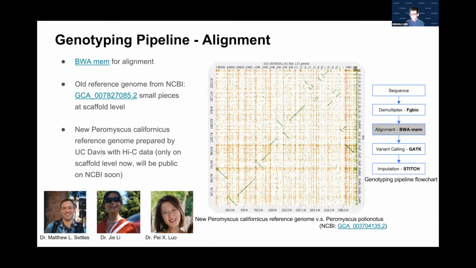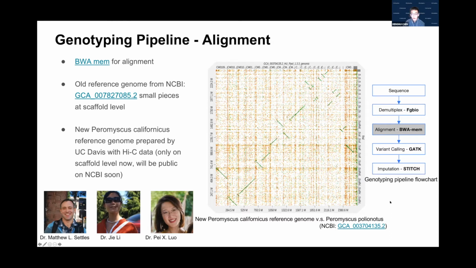They're still at scaffold level, but comparing to the other species, which has a chromosome-level reference genome, we can see each scaffold covers one complete chromosome, or multiple in some cases. This means the scaffolds from the new reference are actually very good, but they're still working on perfecting it.